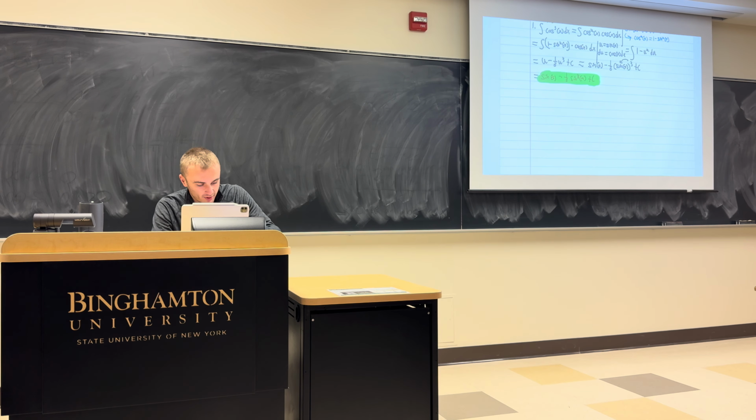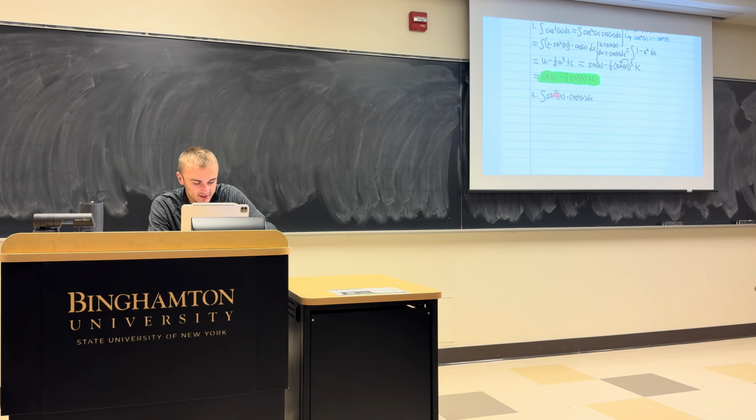The second example we're going to look at before we get into some new ideas is the integral of sine to the 5th of x times cos squared of x dx. Again, you notice if we have an odd power, that's usually going to indicate that we need to break something up.